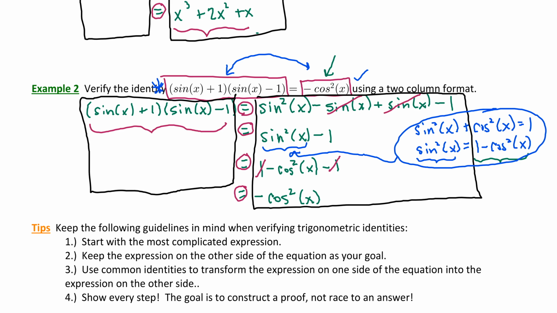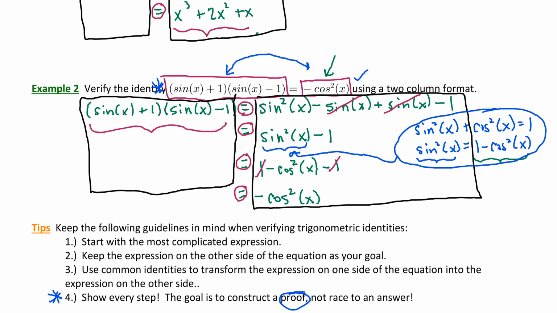And number 4, this one is very important, show every step. The goal is to construct a proof, not race to an answer. Now, I know that there are many of you out there that are sharp with your arithmetic, and you can calculate things mentally lightning fast, much faster than I can. But that's not the point of constructing a proof.